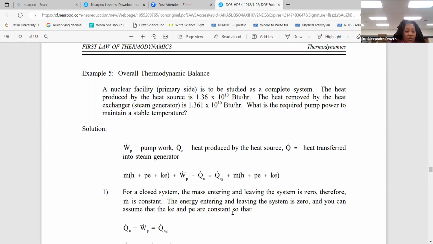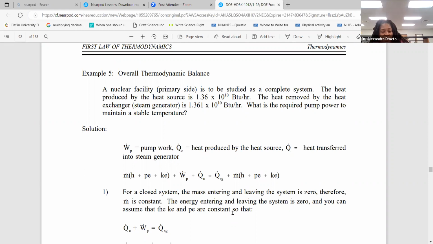They give you the aforementioned equation, well, the equation that looks like the equations you use for the other problems, but of course the conditions change what gets zeroed out. So m times (h plus PE plus KE) plus W plus Q sub C is equal to Q sub SG plus m times (h plus PE plus KE).